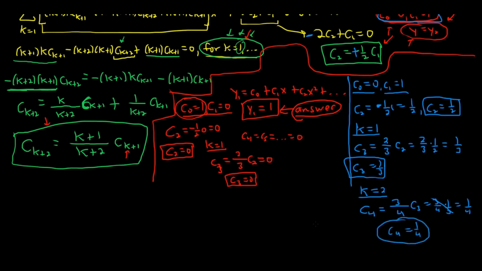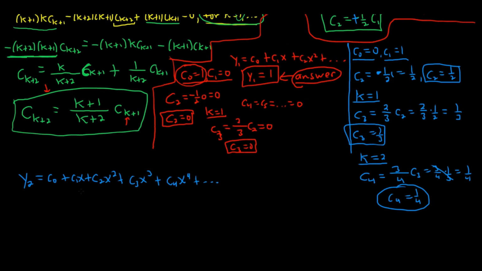That should be good. Let's go ahead and write down y2. So y2 is C0 plus C1x plus C2x squared plus C3x cubed plus C4x to the 4th plus dot dot dot. Okay, so y2 is equal to, well, C sub 0 is 0.